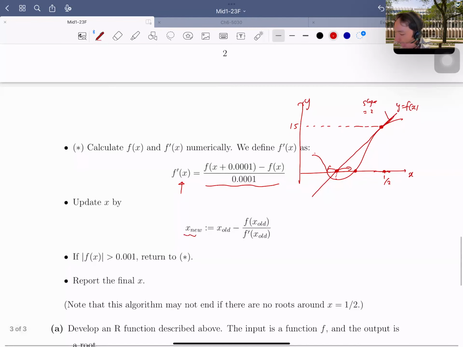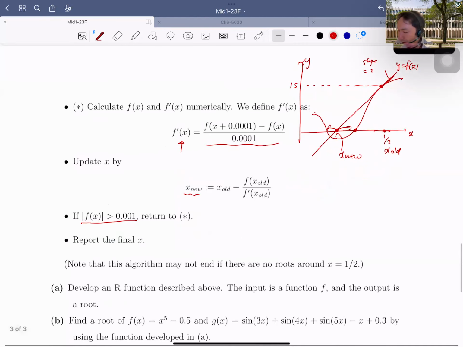So we have to update this: maybe this is x old, then this is x new. Then we continue this procedure again and again until the absolute value of f(x) is not more than 0.001. If f(x) is within 0.001, then we report this x as an approximate solution.